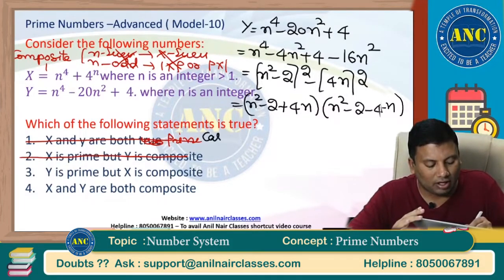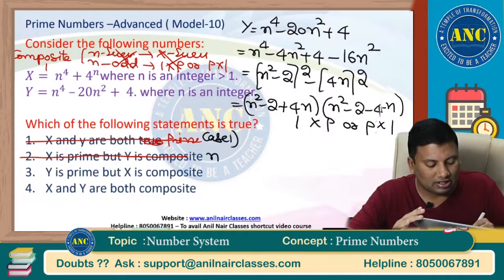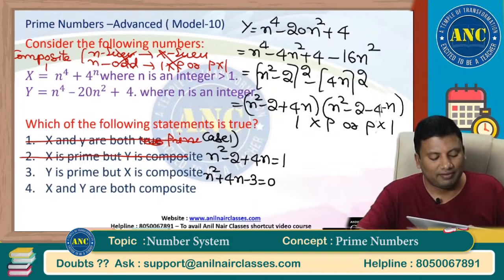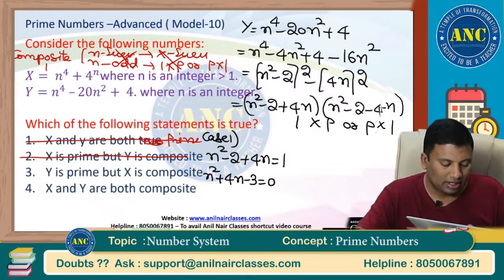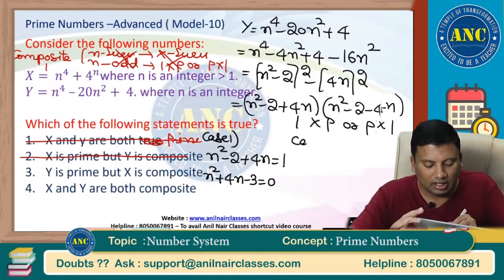Case number 1. It can be written as either 1 into p or p into 1. Two cases. N square minus 2 plus 4n equivalent to 1. N square plus 4n minus 3 equivalent to 0. Factorize this: the discriminant is 16 plus 12, 28, which is greater than 0. Case number 2.